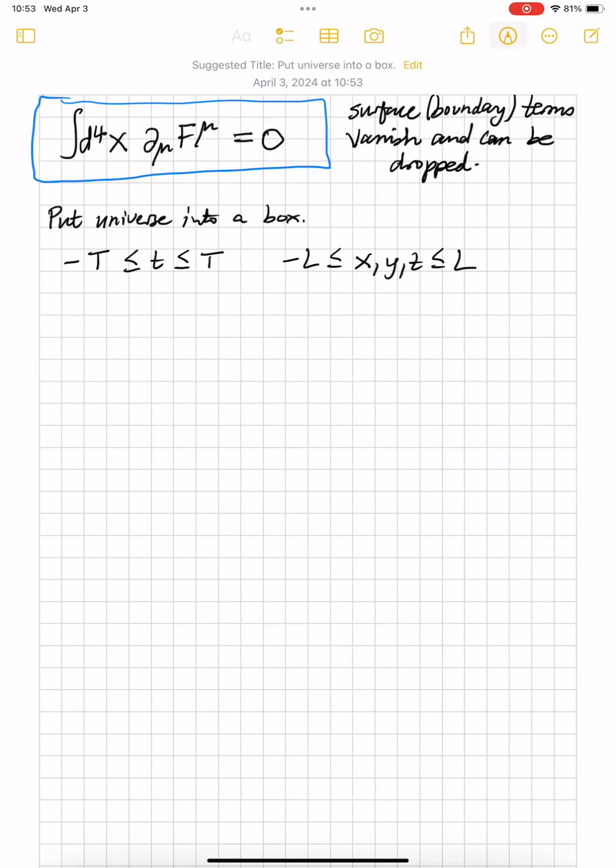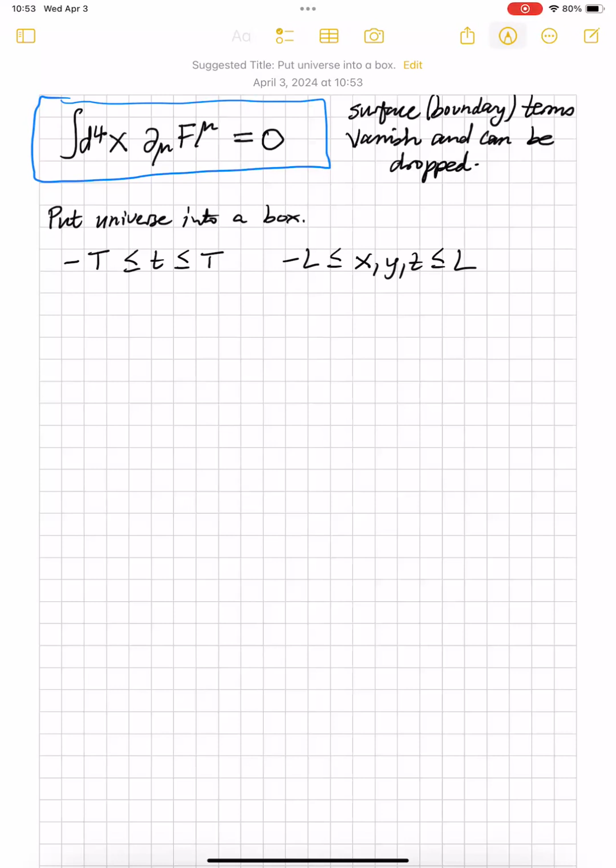So I very well might be in an infinite universe. In fact, for me in field theory, it is simplest to take both T and L to infinity. So I'm working in an infinitely big box. In this infinitely big box, it's perfectly reasonable to assume that all fields have dropped to 0 by the time you get to the boundary. Good.